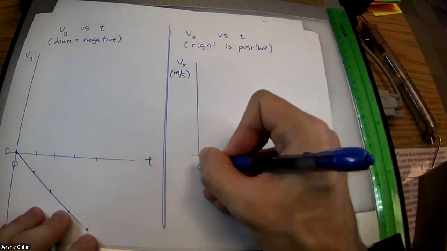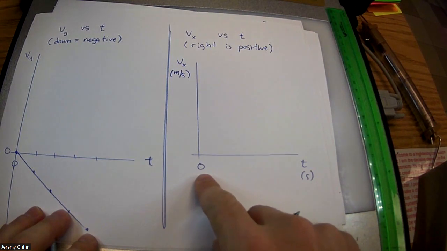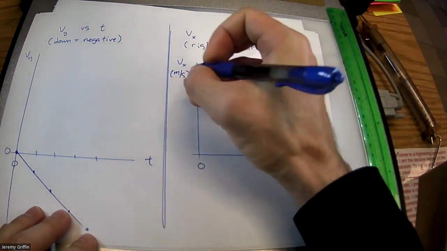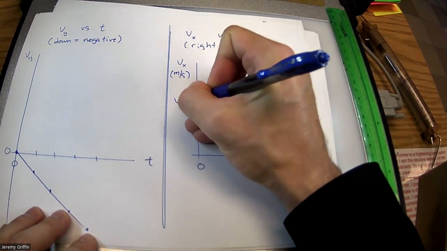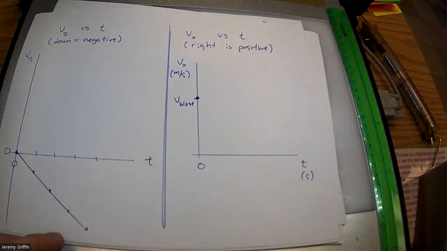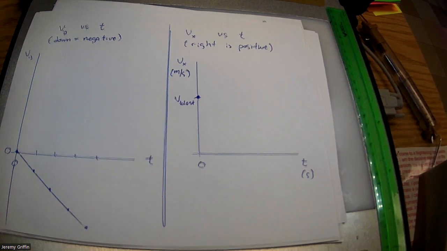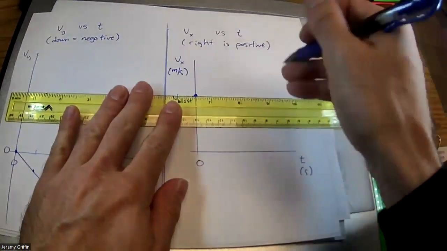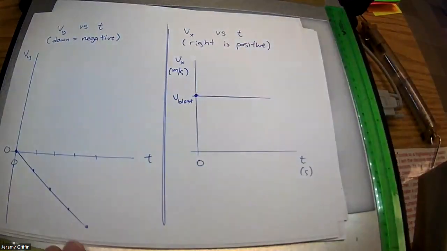So at time 0, let's say the cannonball is just being blasted from the cannon, and I'll call it v blast, whatever that is. So I'll give you this point, right? At time 0, it's blasted really fast, leaving the cannon. And then let's say it takes a few seconds while it's a projectile sailing through the air. What does the rest of that graph look like? Horizontal line? Oh yeah, horizontal line. Exactly.